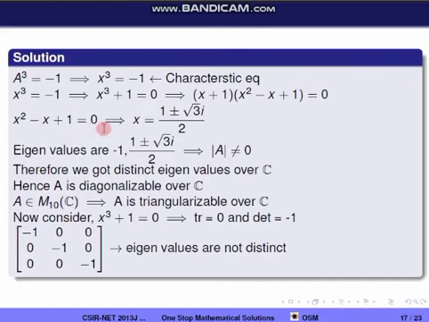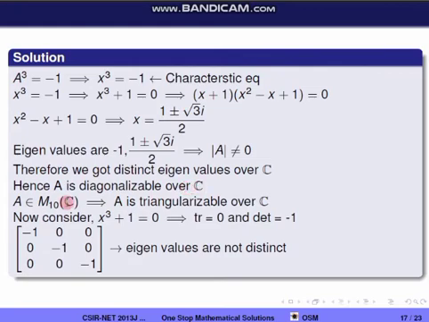When we use that and simplify, we get x equal to (1 plus or minus root 3 i) by 2. So we got the eigenvalues as minus 1 and (1 plus or minus root 3 i) by 2. We know the determinant is equal to the product of eigenvalues. There is no zero value here, so it will be non-zero. Therefore we got distinct eigenvalues over C because we are getting complex values. Hence A is diagonalizable over C.